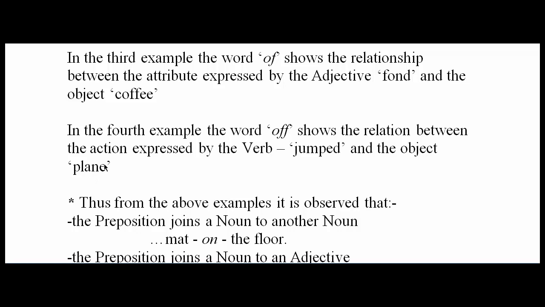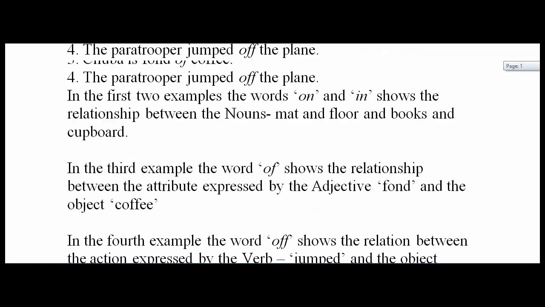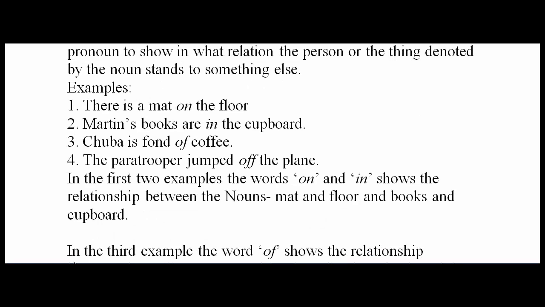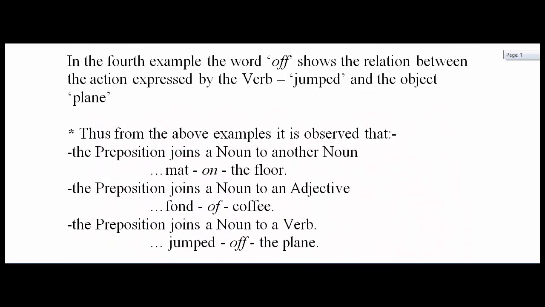Here it might be a fighter plane. If you look at the example, the paratrooper jumped off the plane. The preposition off shows the relationship between the verb jump and the noun, that is the object, the plane. So what does this tell us?